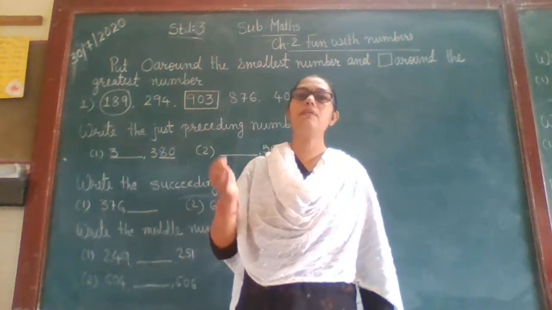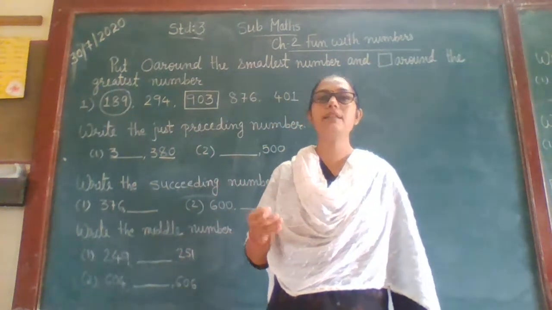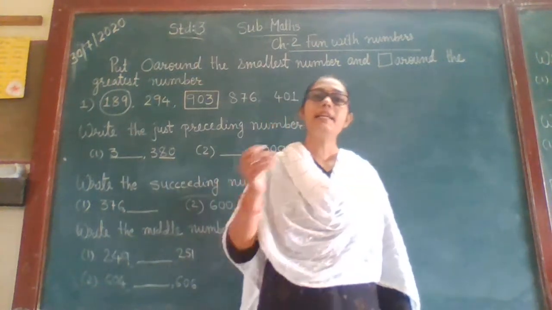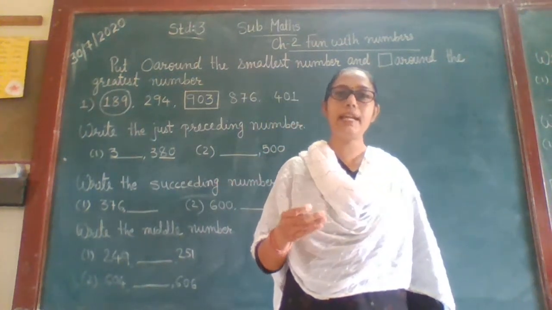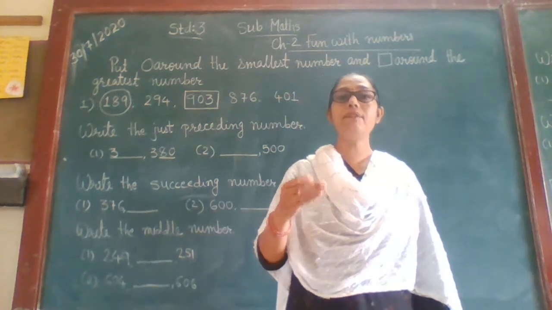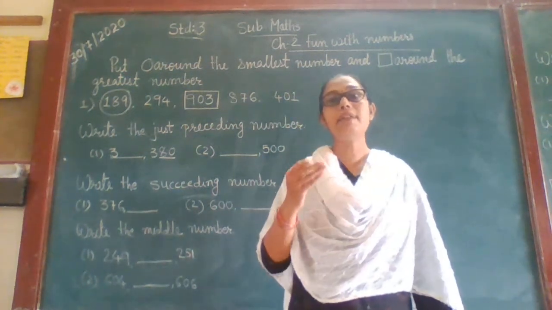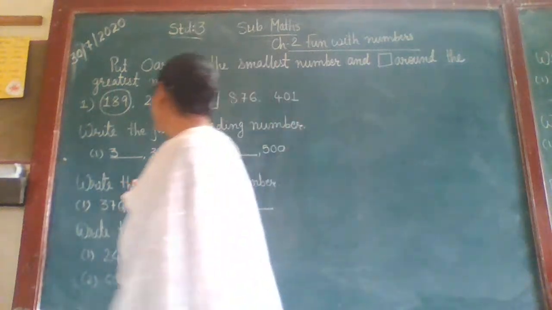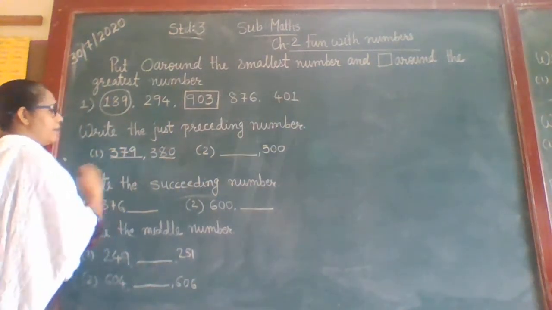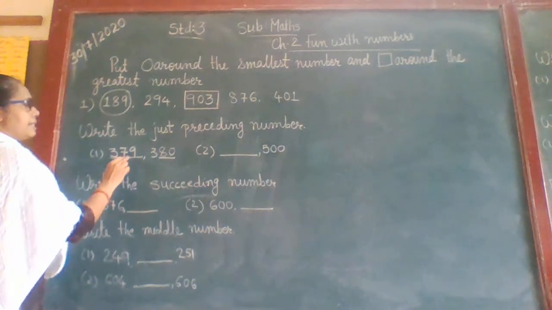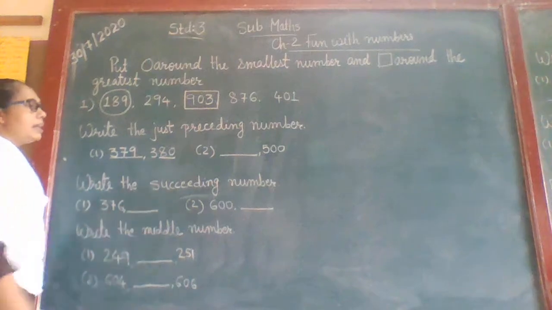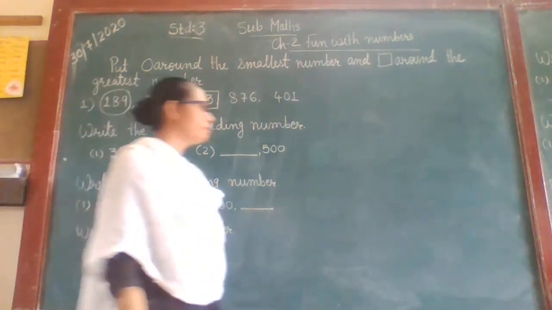So 71, 72, 73, 74, 75, 76, 77, 78, 79 and 80. So before 80 which number comes? Yes, 79. So here we have to write 79. So 379 is the just preceding number of 380.